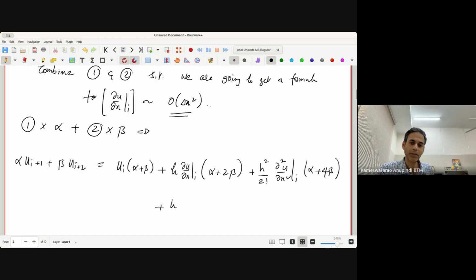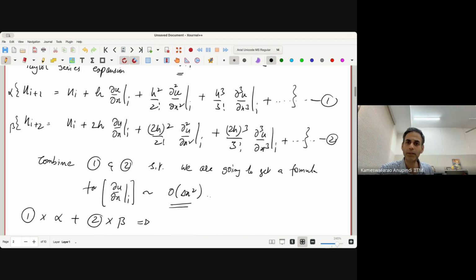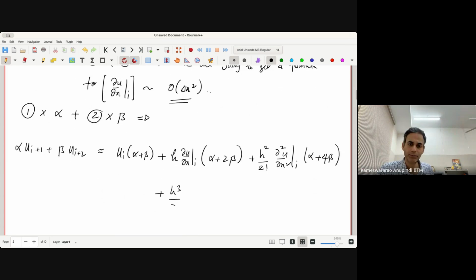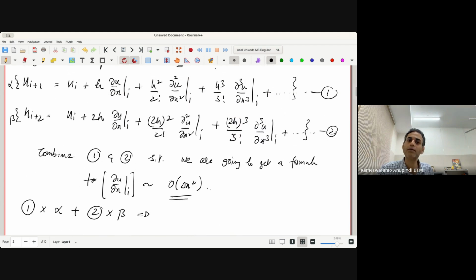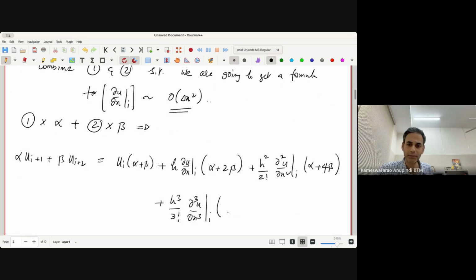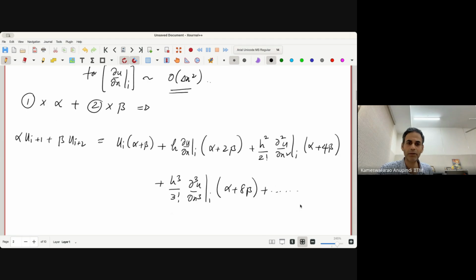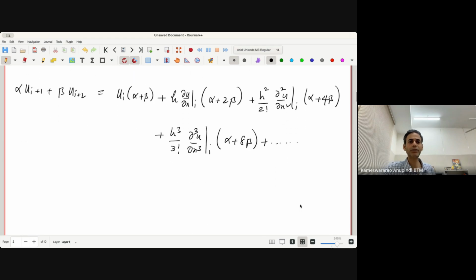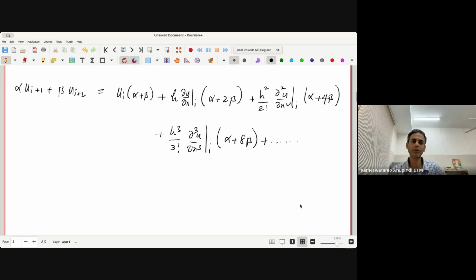Then plus h cube by 3 factorial times partial cube u by partial x cube at i, times alpha plus 8 beta, and so on. So this is the equation that has combined your u i plus 1 and u i plus 2 equations.